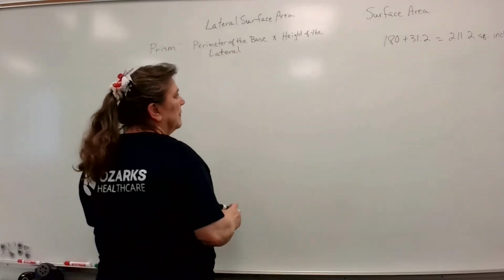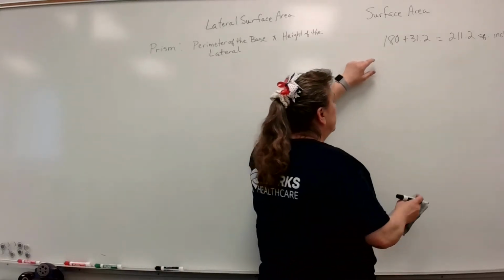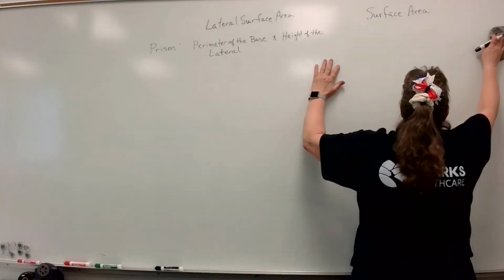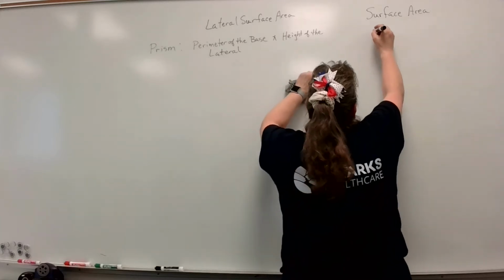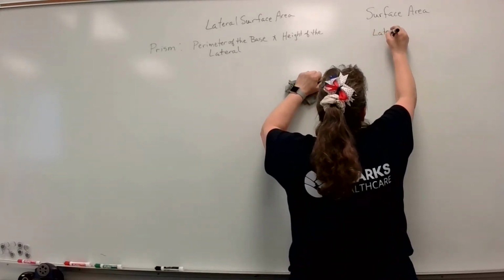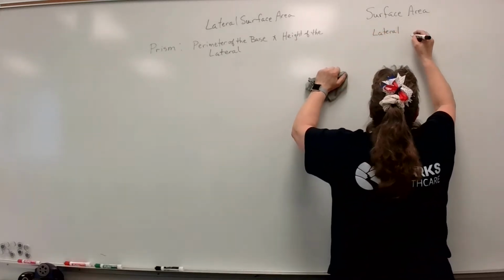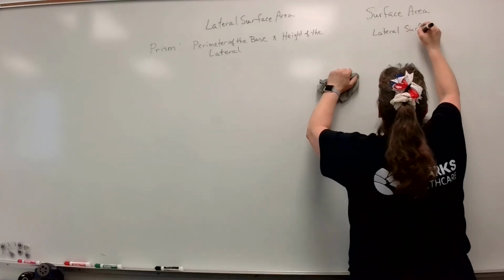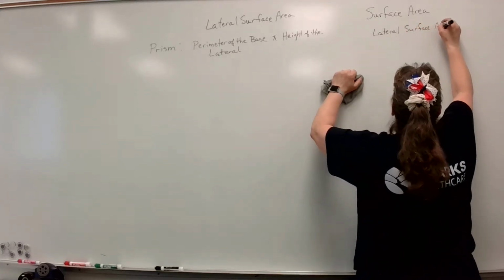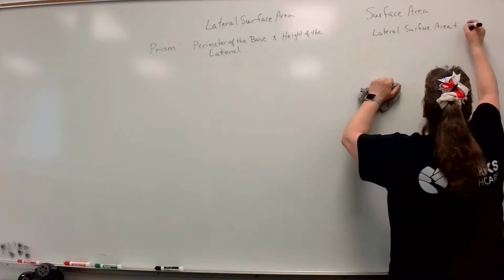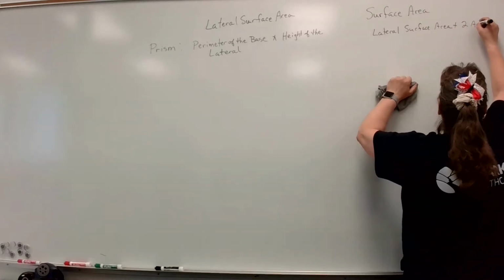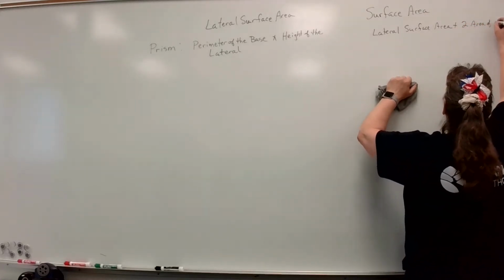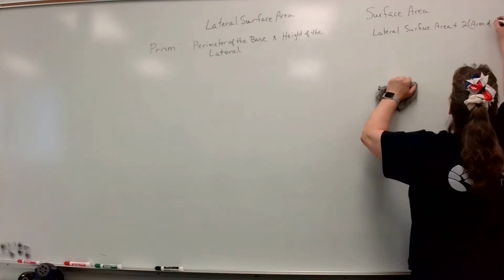Okay? And then for a surface area, for the prism, it's the lateral surface area plus 2 times the area of the base. Okay?